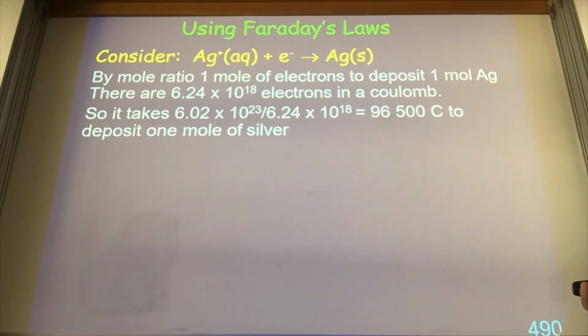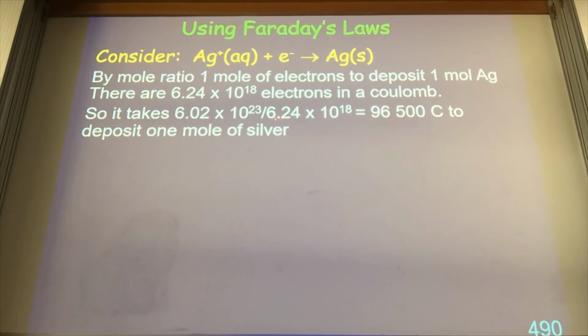Now, basically, we use Faraday's laws simply as a way of converting between amounts of electrons, coulombs of electrons, and moles of chemical. So we know that Avogadro's number tells us the number of particles in a mole, 6.02 times 10 to the 23.